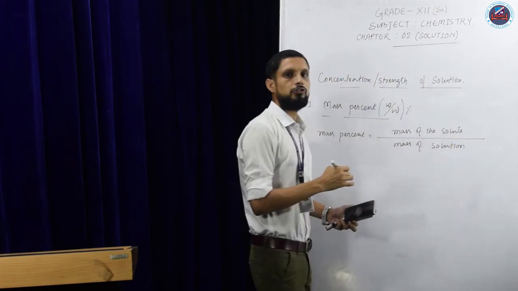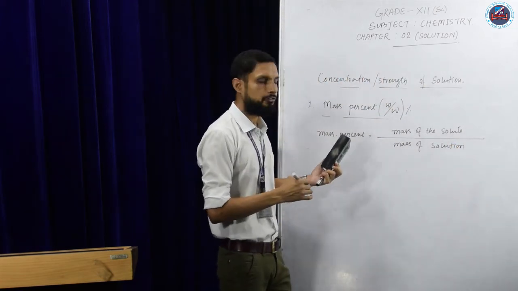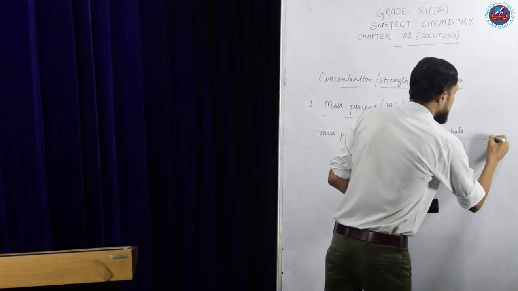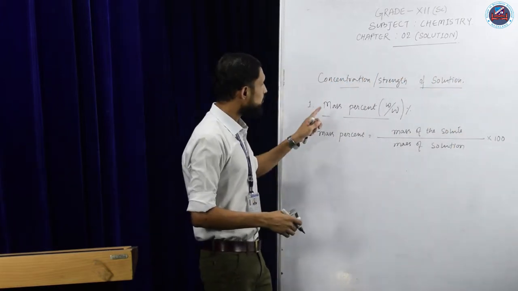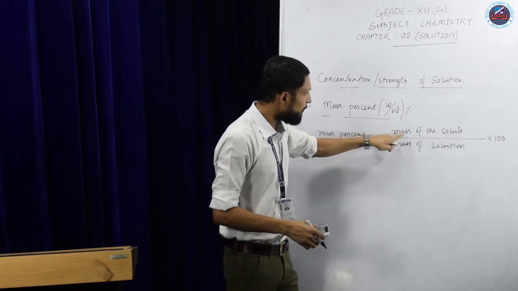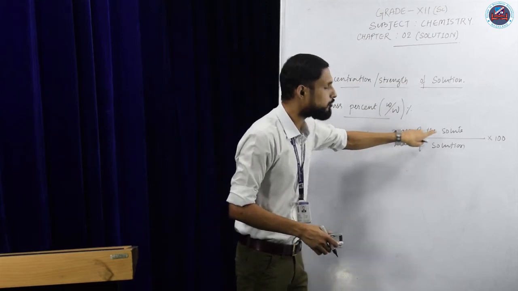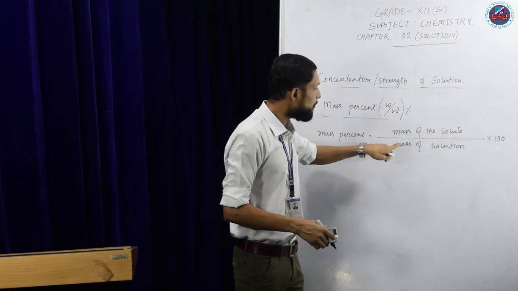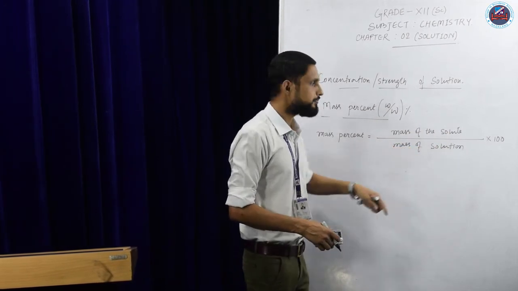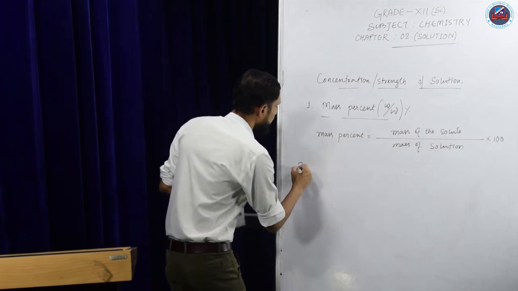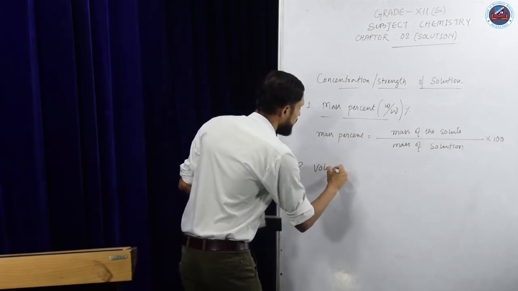And since we are going to calculate the percent, that means percentage, it will be multiplied by 100. So when you are calculating mass percent, in numerator you have to write the mass of the solute, and in denominator you will write mass of solution. Similarly, we have a volume percent.